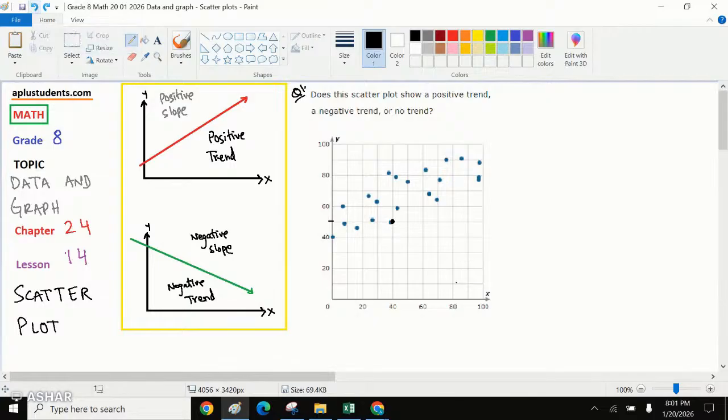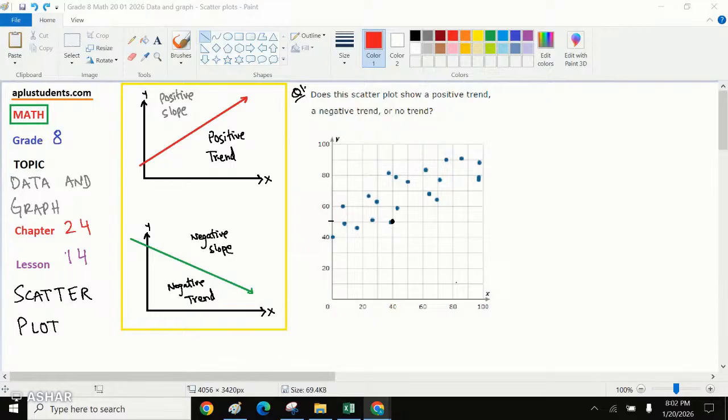So what we do is we draw a line of best fit. A line of best fit is the line that passes through the maximum dots, or the dots above the line and the dots below the line would be almost equal.